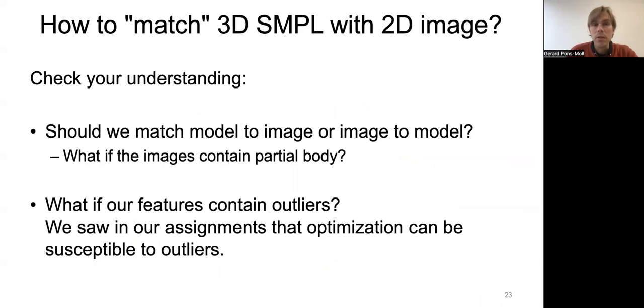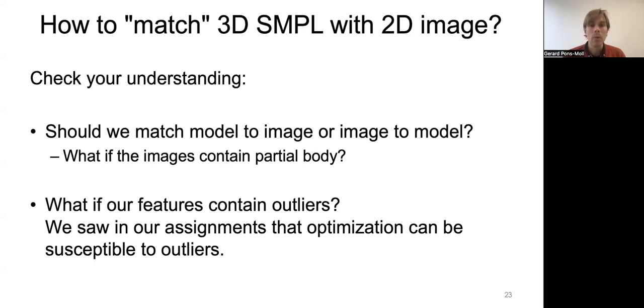Right, so there's a question here for you: how to match the 3D SMPL model with the 2D image. So check your understanding. How should we match? Should we match the model to the image or the image to the model? Think about questions like, for example, what if the image contains a partial body? What would happen if I would minimize a model-to-image term?